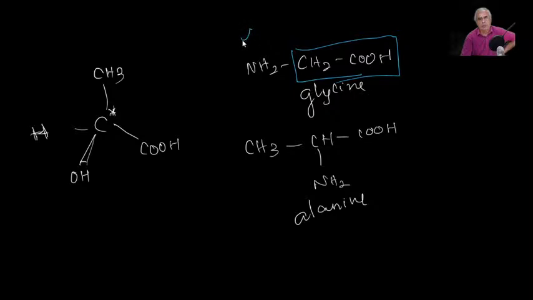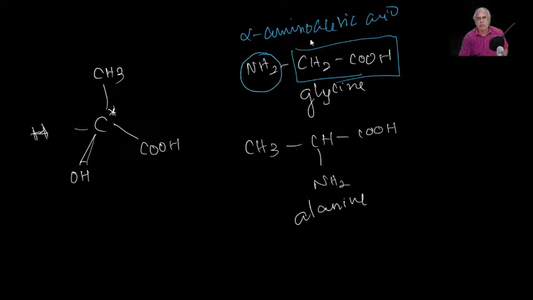Okay, take down. Alpha amino acetic acid. Why? Because this is the amino group and this is the alpha carbon atom. So the amino group is attached to the alpha carbon atom. So it's called alpha amino acetic acid.